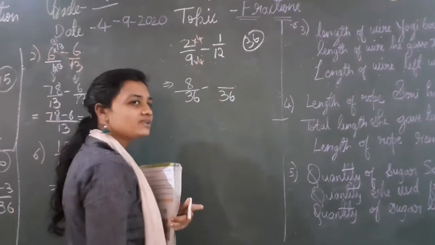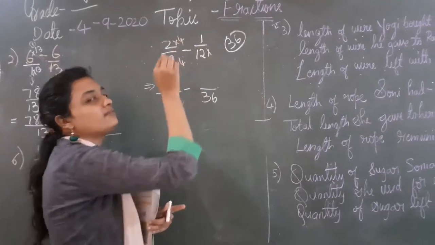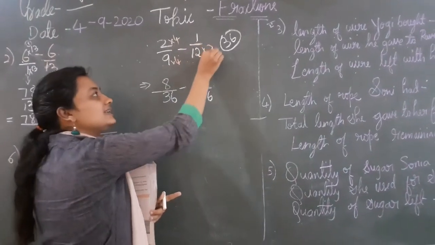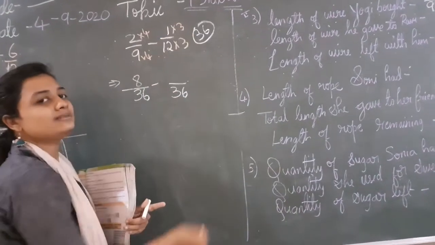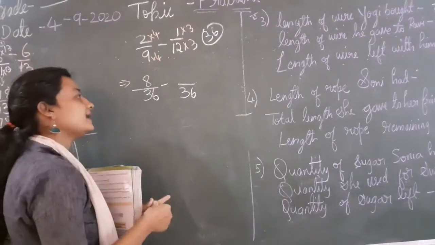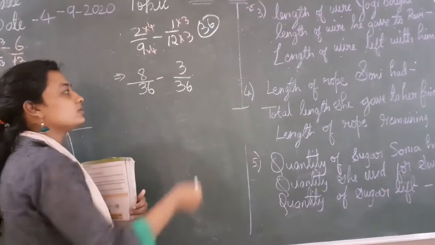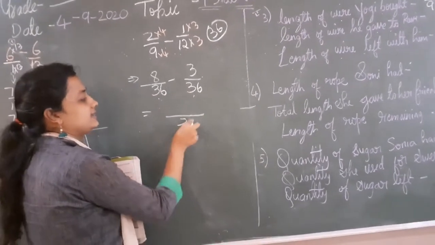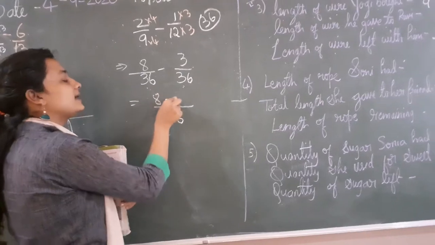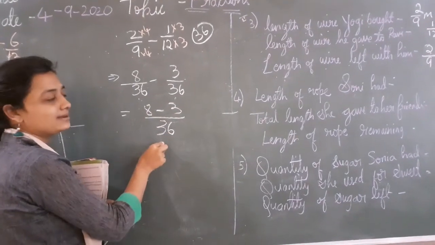What should I multiply with 12? If I multiply 12 with 3, I get 36. So multiply 1 also with 3. 1 3s are 3. So now I got the same denominator. I can subtract easily. That is 8 minus 3 divided by 36.